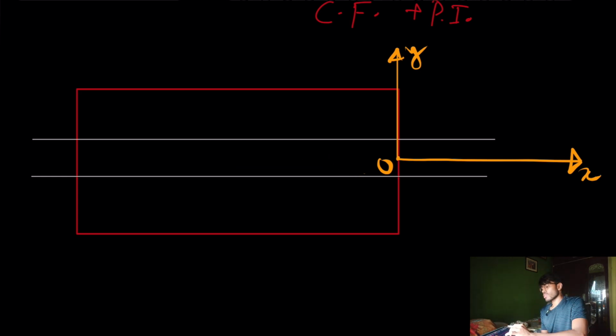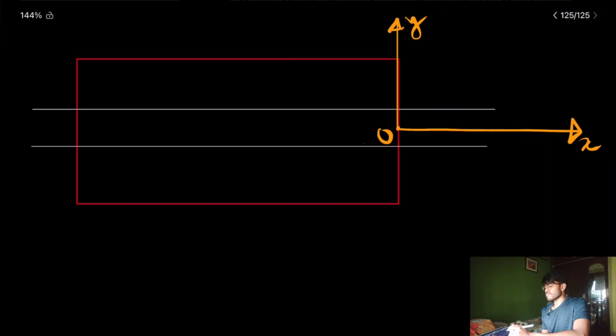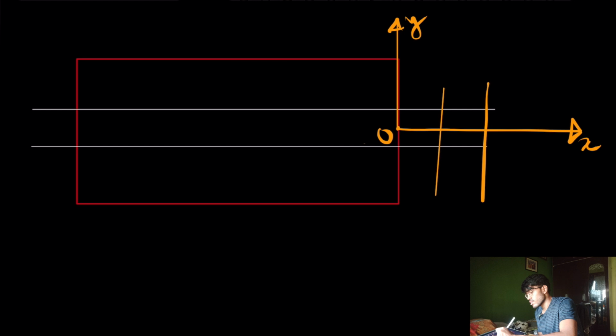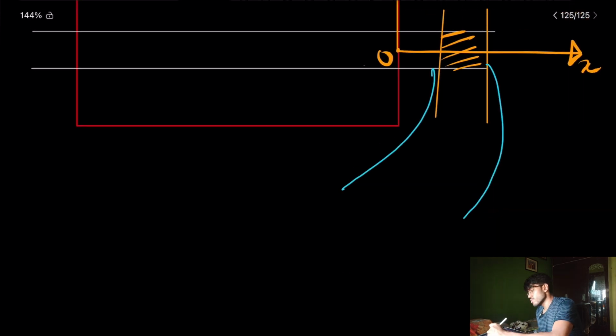So now first of all, if I consider again the control volume here, I will cut one portion here and I take this portion and I will zoom it here.